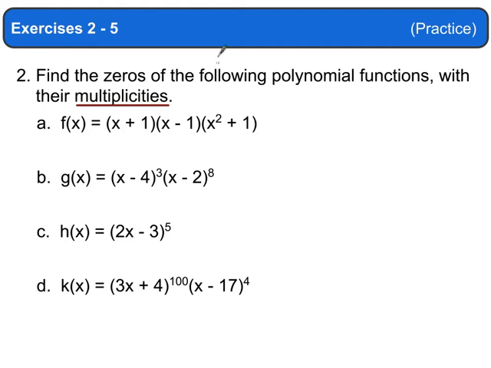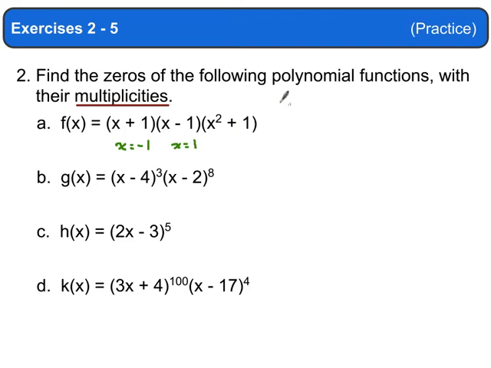So if we look at these, this one would say x equals 1, or if we set each one equal to 0, this would give us a result of x equals -1. This would give us a result of x equals +1. And this one, when we look at it, it's a sum of squares.